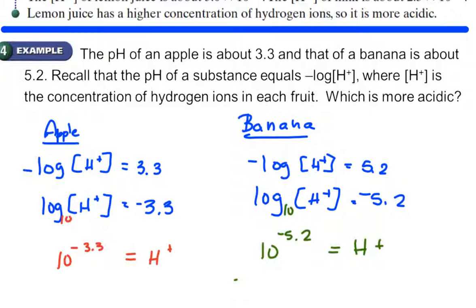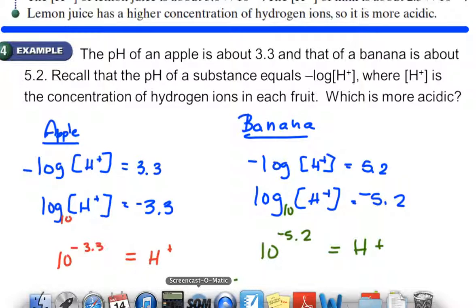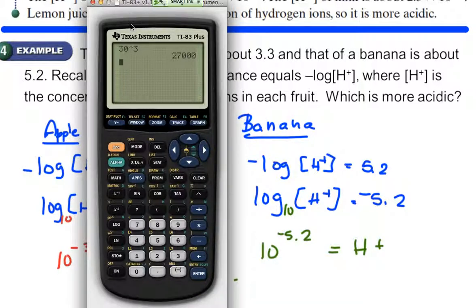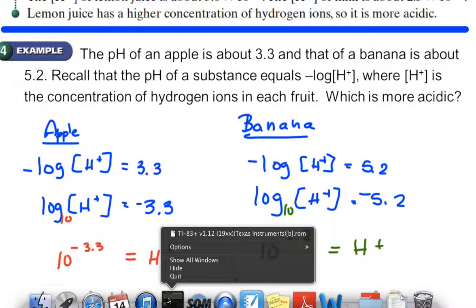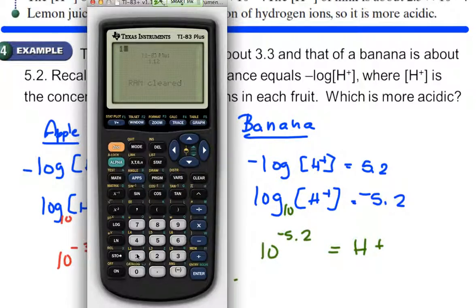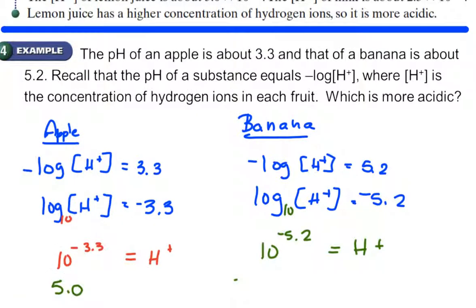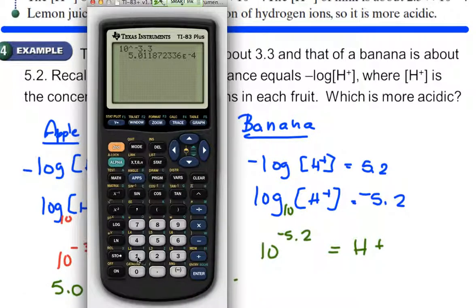Now, with respect to which one is more acidic, if you were to multiply these out, 10 raised to the negative 3.3 is 5.01 times 10 to the negative 4th. 10 to the negative 5.2, we know is going to be significantly smaller.